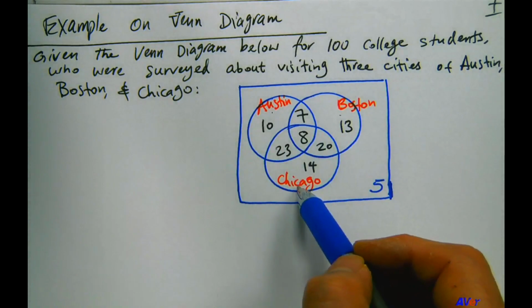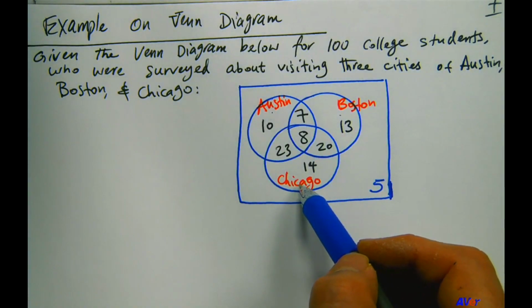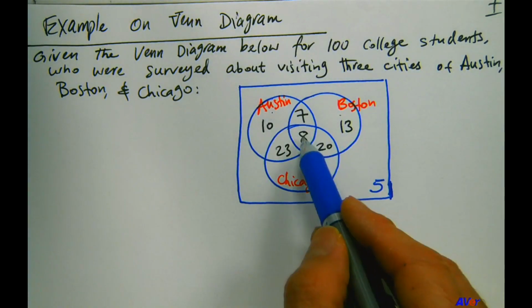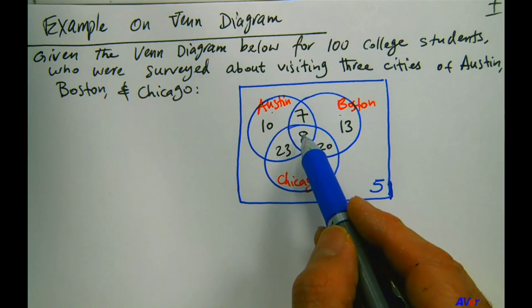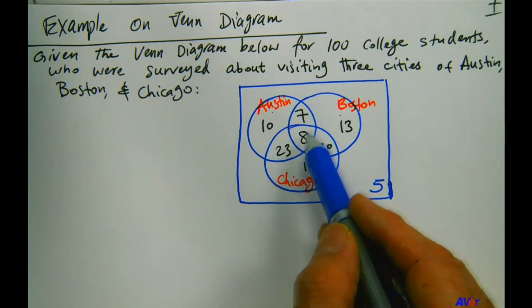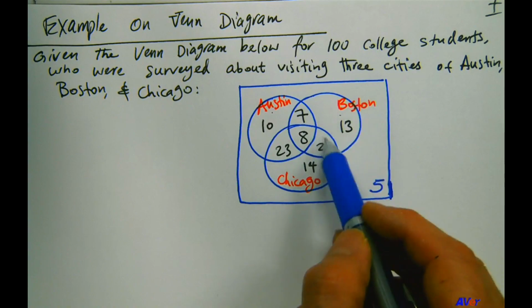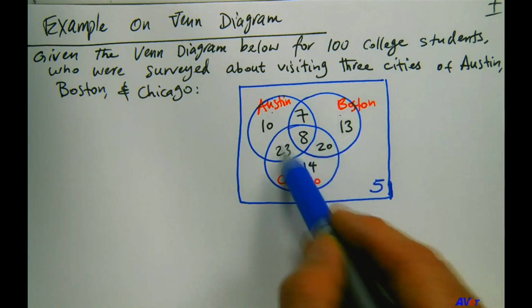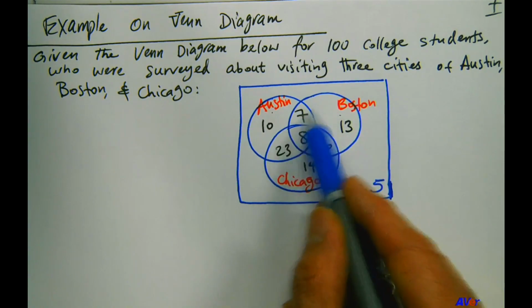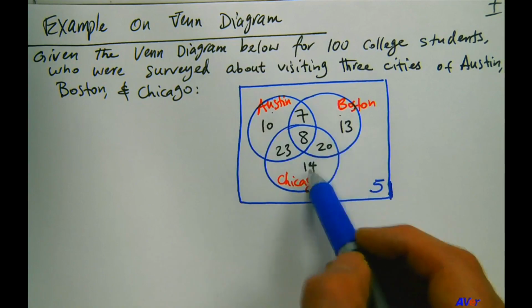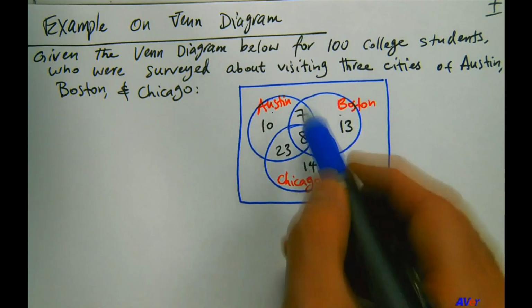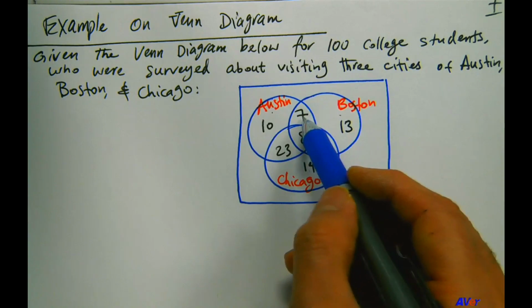And remember what we said, that whenever you draw a Venn diagram, you always want to start from the innermost overlapping section and work your way out. So then you would go filling in these spots, the 20, 23, and 7, and then the 10, 13, and the 14.